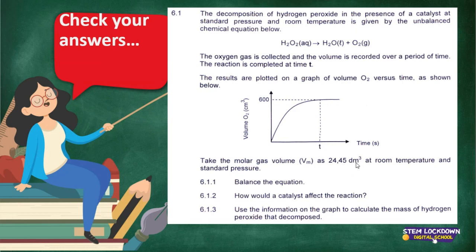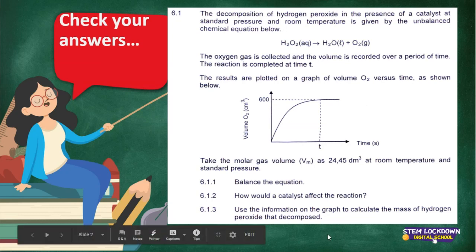Now, remember, we are dealing with concentration and volume in standard units, which is cubic decimeter. So here we have to convert cubic centimeters into cubic decimeters. By doing that, we divide this 600 by 1,000.